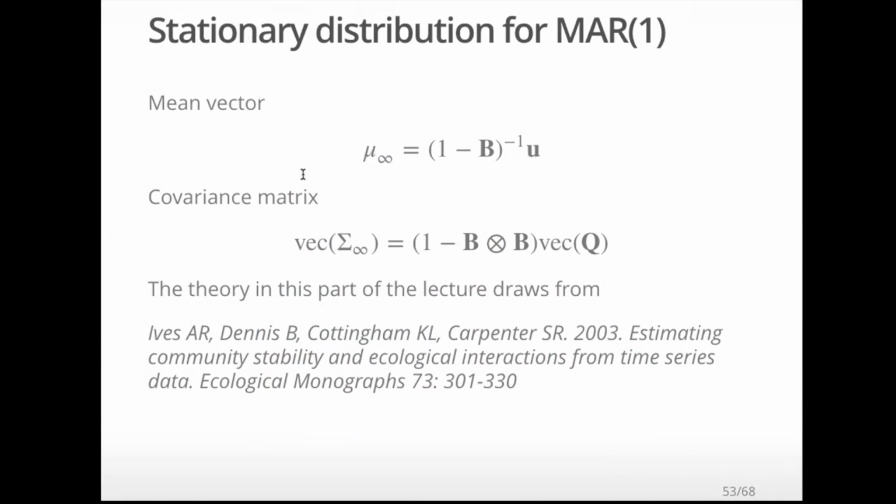So we know that they are fluctuating about whatever the equilibrium is, and that kind of cloud has some features. It has a mean, a mean vector now. Each of the species has a mean, and it has a variance covariance matrix. So if we've got 13 species, it's going to be a 13 by 13.